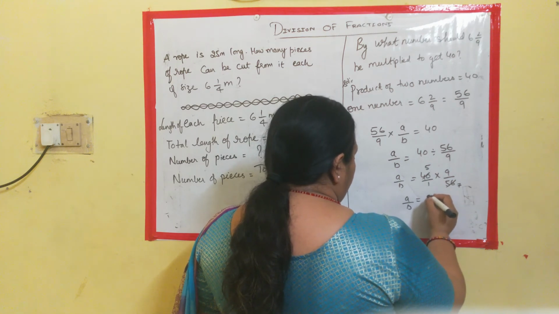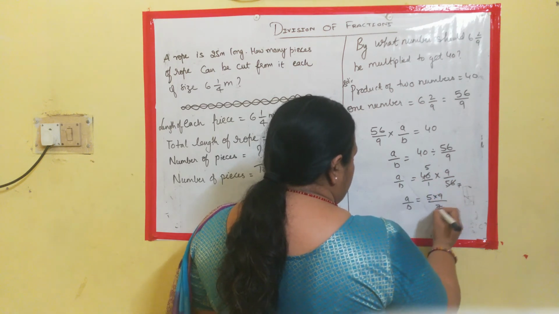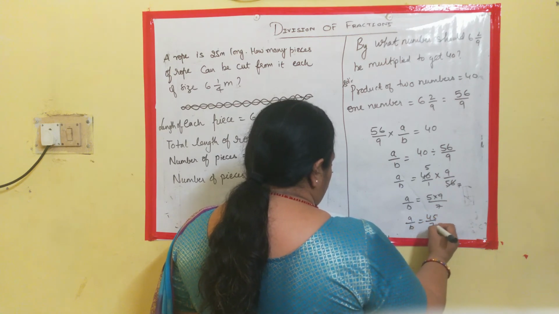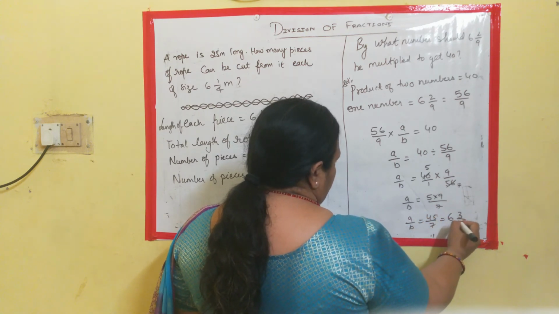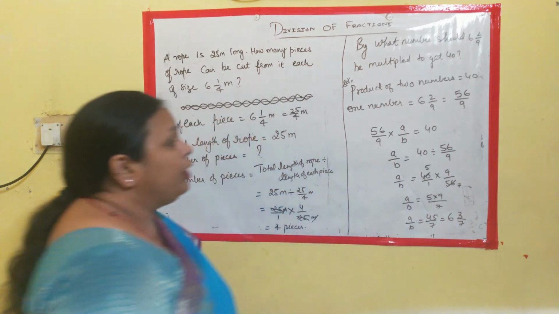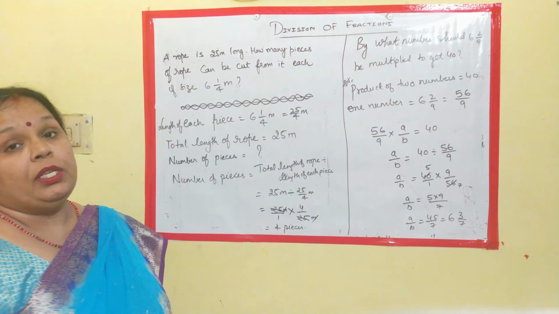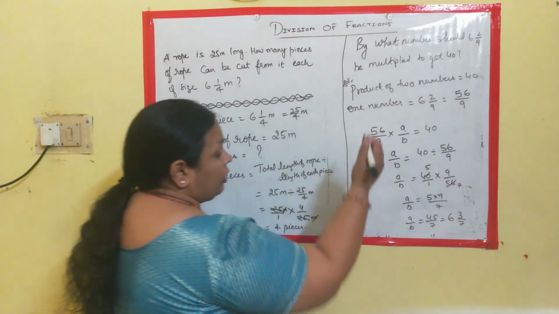You are left with 5 into 9 by 7. That is, a by b is 45 by 7. So one of the numbers which we needed to find was 45 by 7.